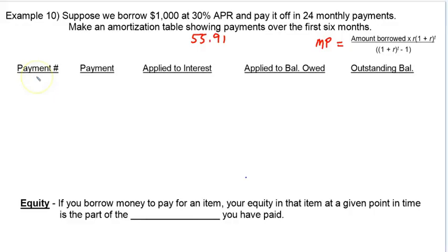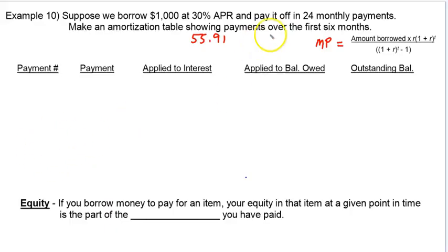All right, so we'll do payments 1 through 6. $55.91, and that's pretty much all the way down. This $55.91 fills up this whole column. The amount applied to interest, I should have left some space here, so let me back this up.